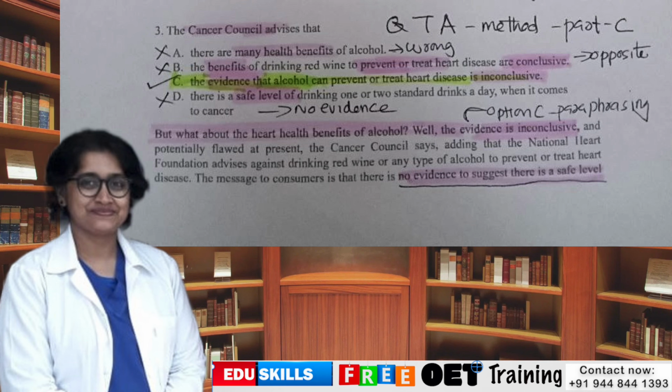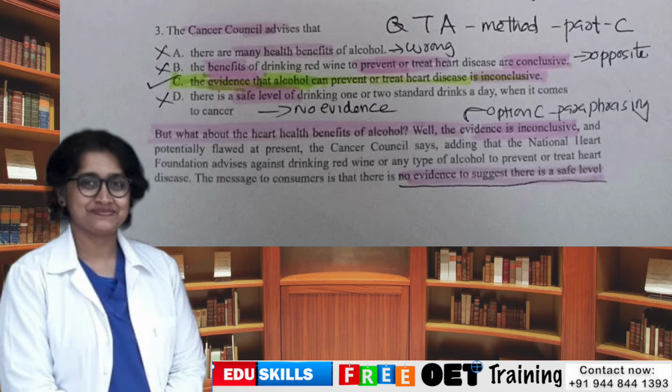So see here, Cancer Council says, and from there we can continue reading. In the topic sentence it's already explained: what about the heart health benefits of alcohol? Well, the evidence is inconclusive.